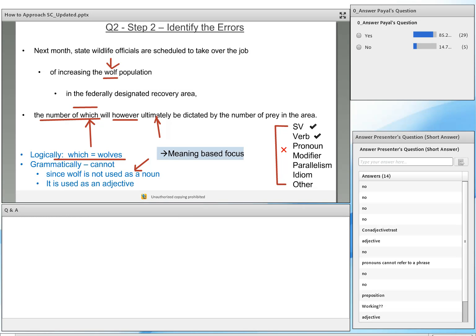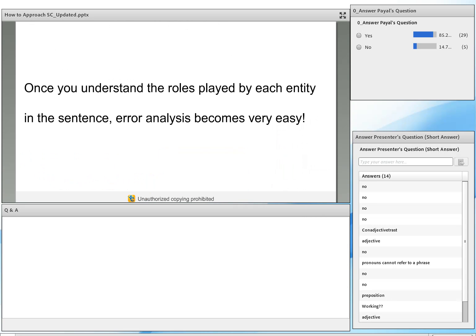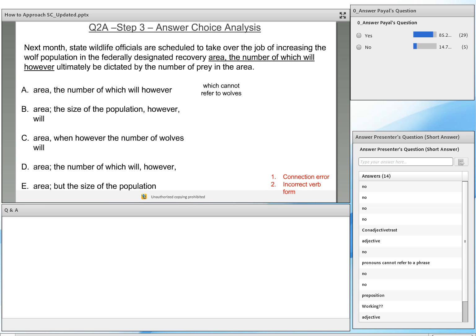So I'm going to take up questions after I finish the answer choice analysis. Now, let's come to the answer choices. The size of population, however, will ultimately be dictated.